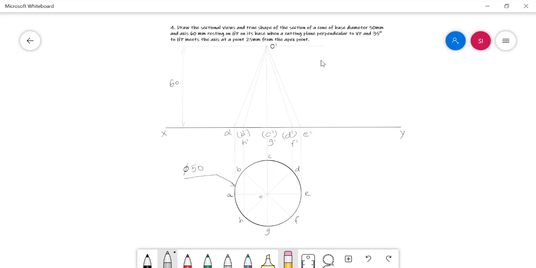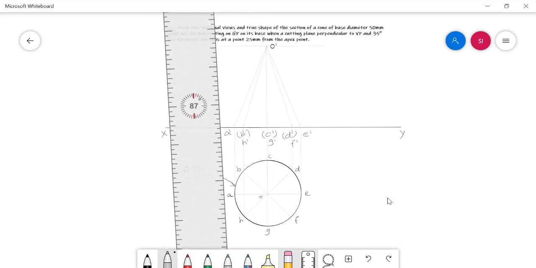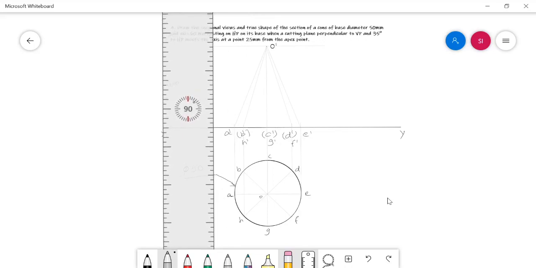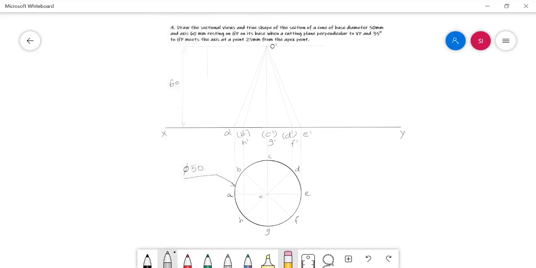So in the front view, we need to show the trace of the cutting plane as a straight line, located on the axis at a point 25 mm from the apex point. So from the apex, I need to measure 25 mm towards the base of the solid, approximately in this range.